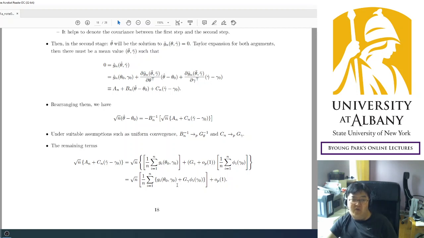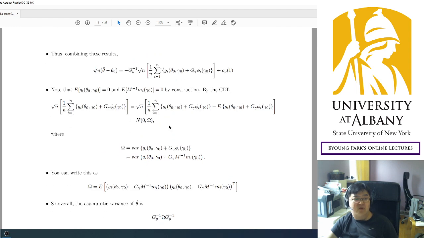So we have a nice form. This is why we need phi. By defining phi, you can simplify the notation a lot. And then continue. Then the final result is Bn inverse is replaced by g theta inverse, and apply the central limit theorem here.